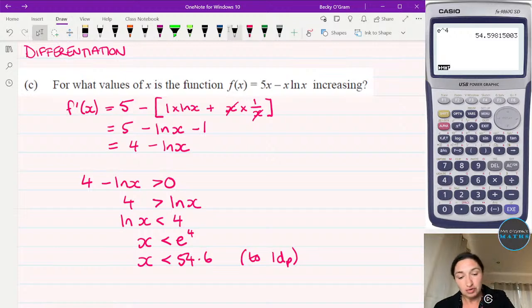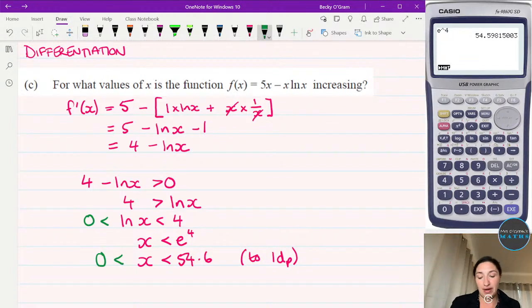So you can also pop in here that it will be greater than 0 as well, which means that 0 is a lower limit on that one. So x has to be between 0 and 54.6.